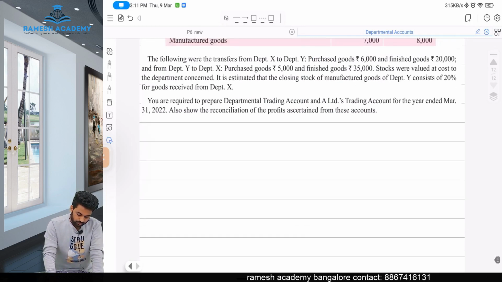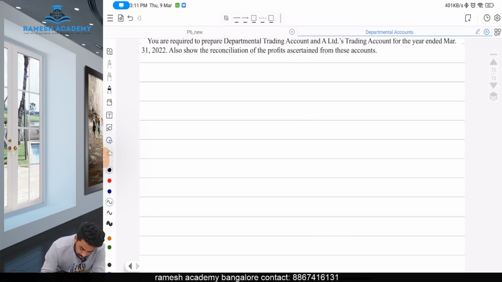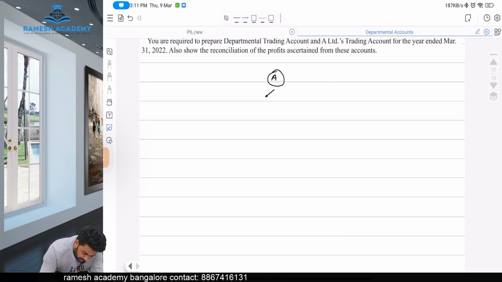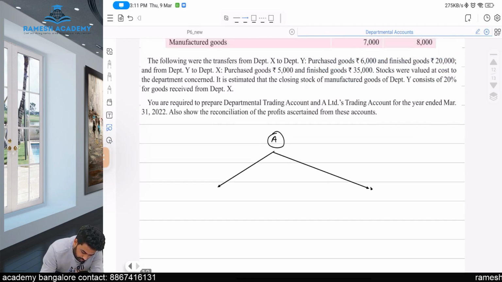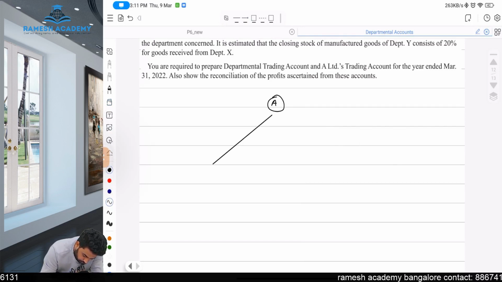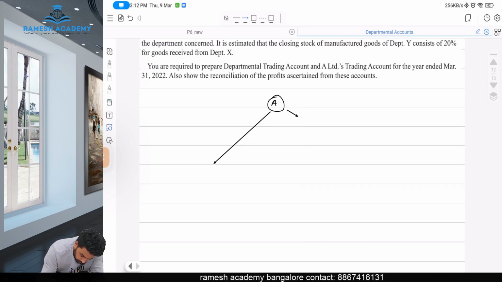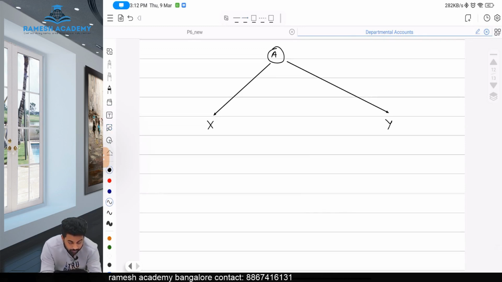There is some company called A. A is having two departments, Department X and Department Y.